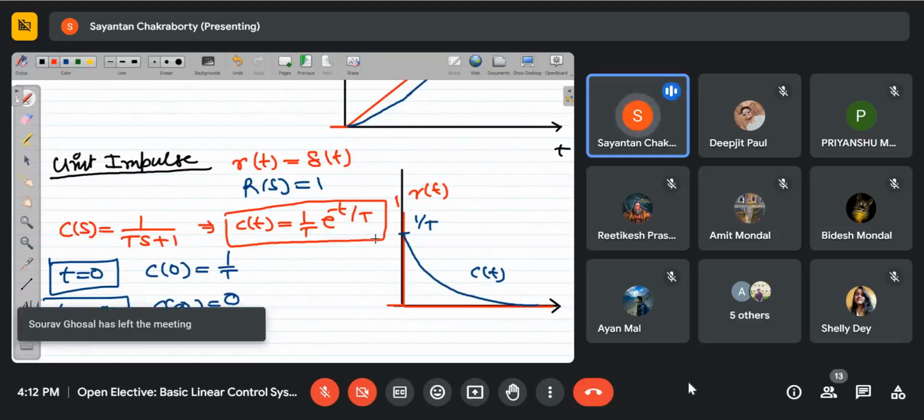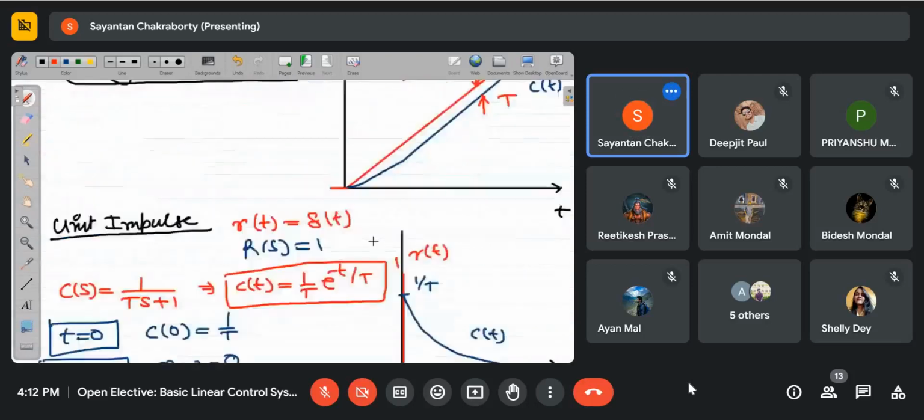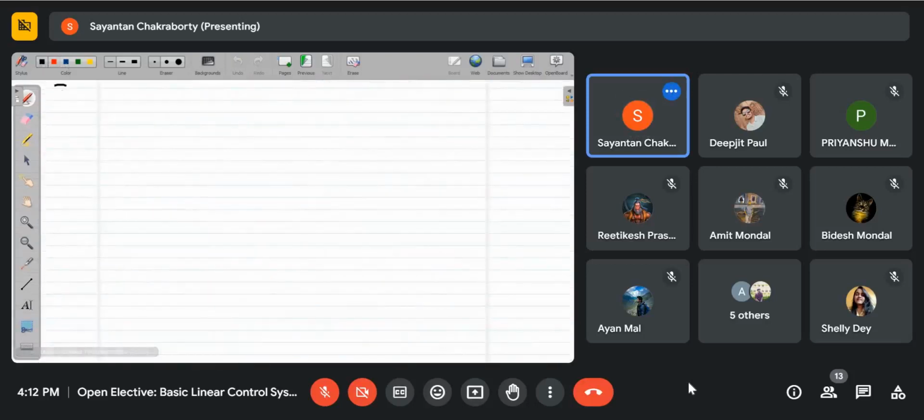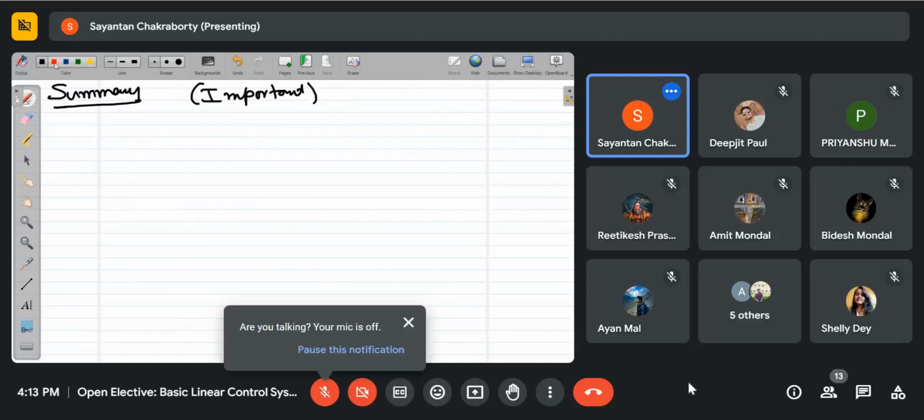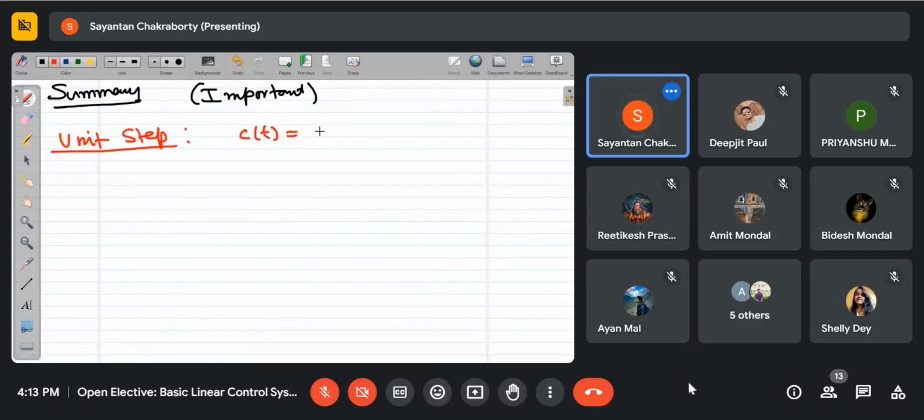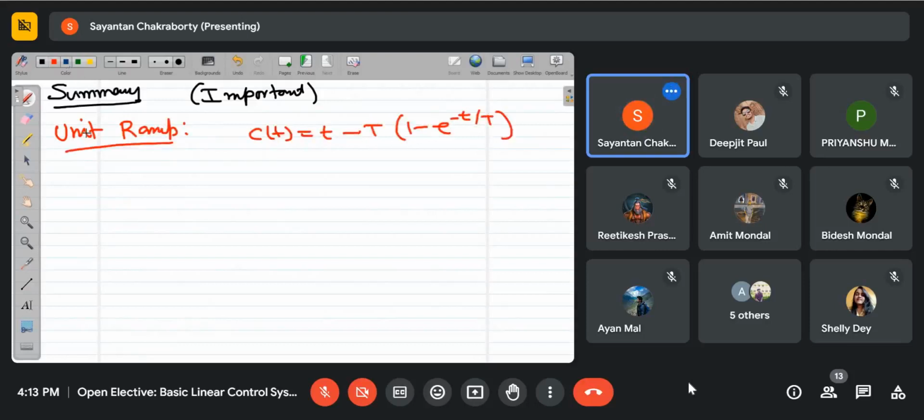Now let me state a property of the three functions, and then summarize everything. Summary: unit step input, what was c(t)? Okay, not step first, so just first write ramp input. c(t) was t minus capital T. Now step.